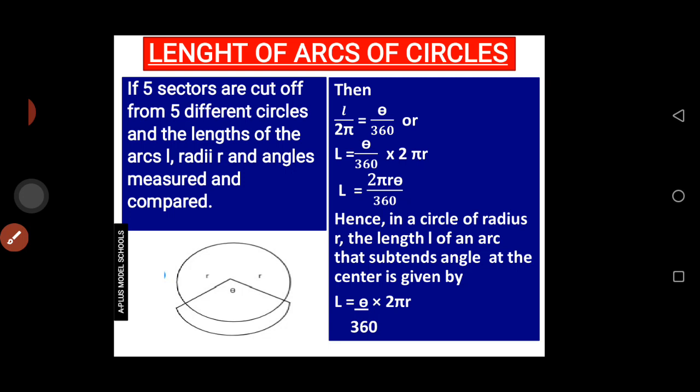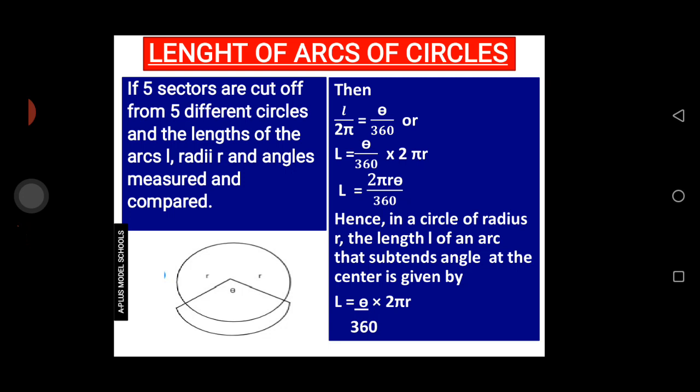Your pi can be 22/7. If 5 sectors are cut off from 5 different circles, and the lengths of the arcs, L, radii, R, and angles are measured and compared, then length over 2 pi r, which is the circumference of the circle, is equal to the angle it occupies over the total revolution, which is 360 degrees.